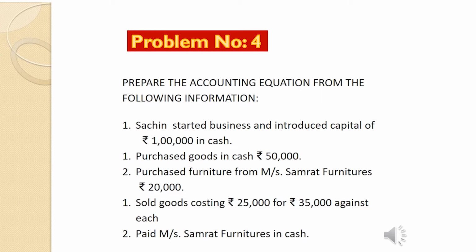Here first transaction, Sachin started business and introduced capital of rupees 1 lakh in cash. Here what are the accounts involved here? One is cash account and another one is capital account.